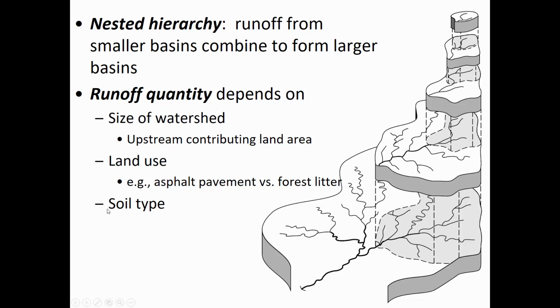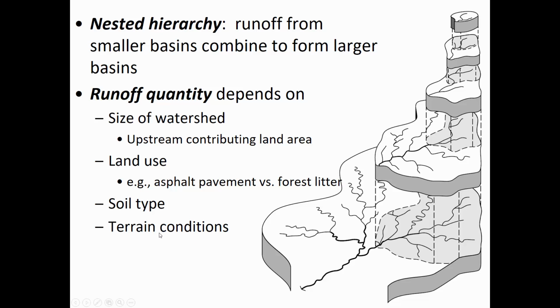Soil type contributes to the runoff quantity because, as I've mentioned earlier today, sandy soils are a lot better at infiltrating water than clay soils, because they have larger voids and the water can move through those voids a lot more rapidly than it can move through the small pore sizes of a clay soil.